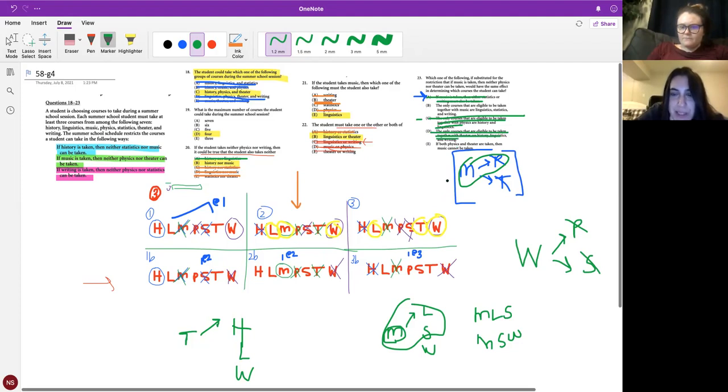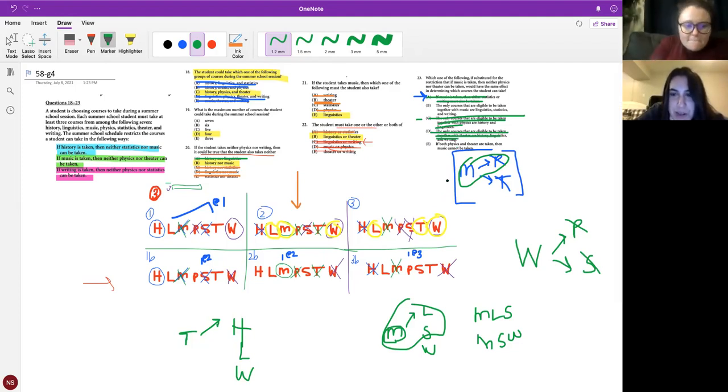If both physics and theater are taken, then music cannot be taken. Isn't that just the contrapositive of the rule? No, because this is what happens if we have physics and theater, we don't have music.